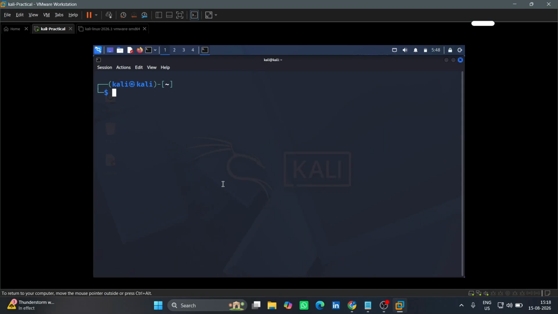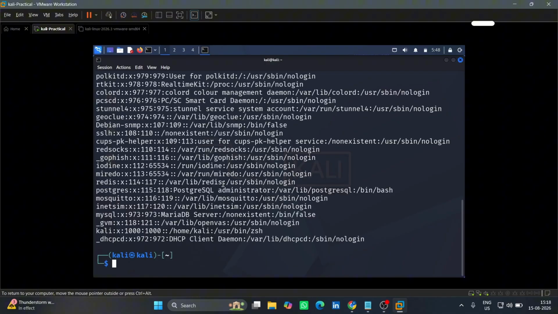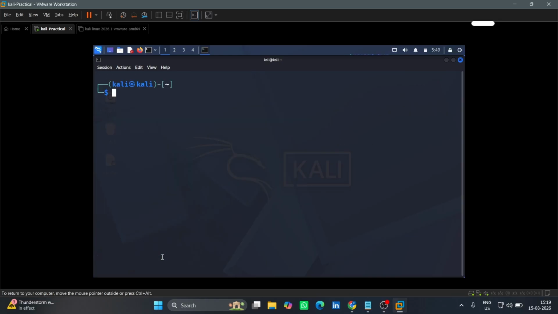If you take a look around here, this is the information about the Kali user, but here you are unable to find the password of Kali. When I logged in I input its password, but here you cannot find any information related to it. So there is another file in which all the passwords are written.